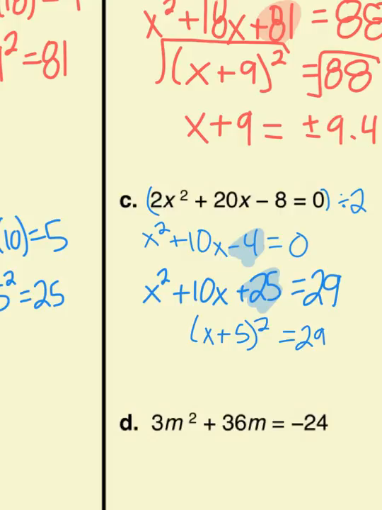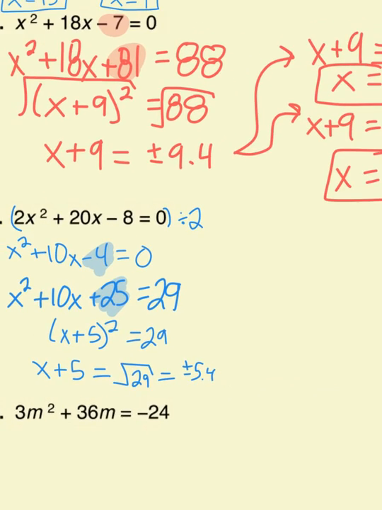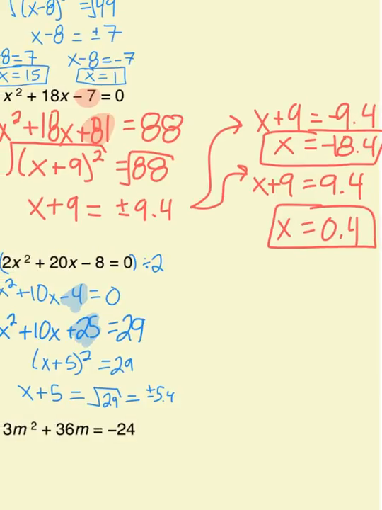I want to undo that exponent, so I have x plus 5 equals the square root of 29, and the square root of 29 is equal to positive or negative 5.4. So now I need a little more room to write again. I'm going to write this over here.